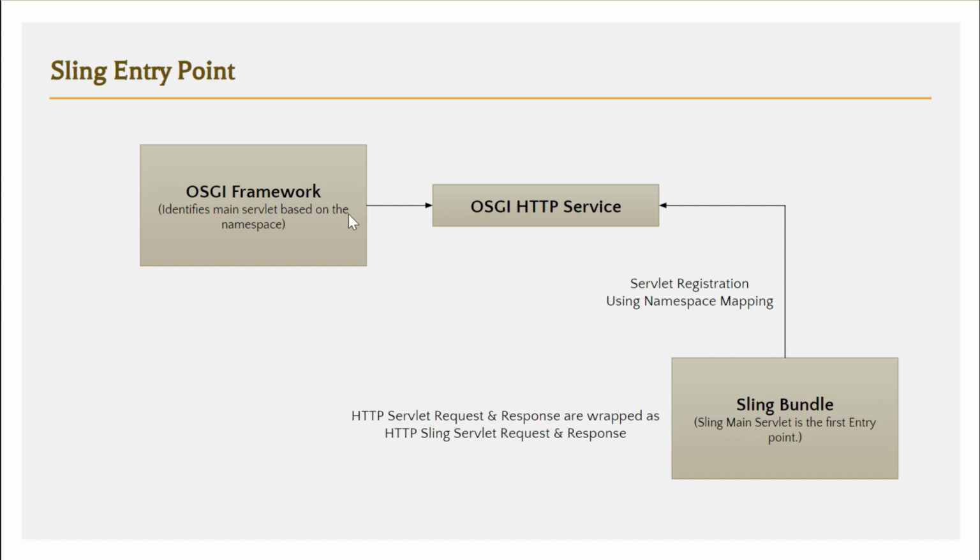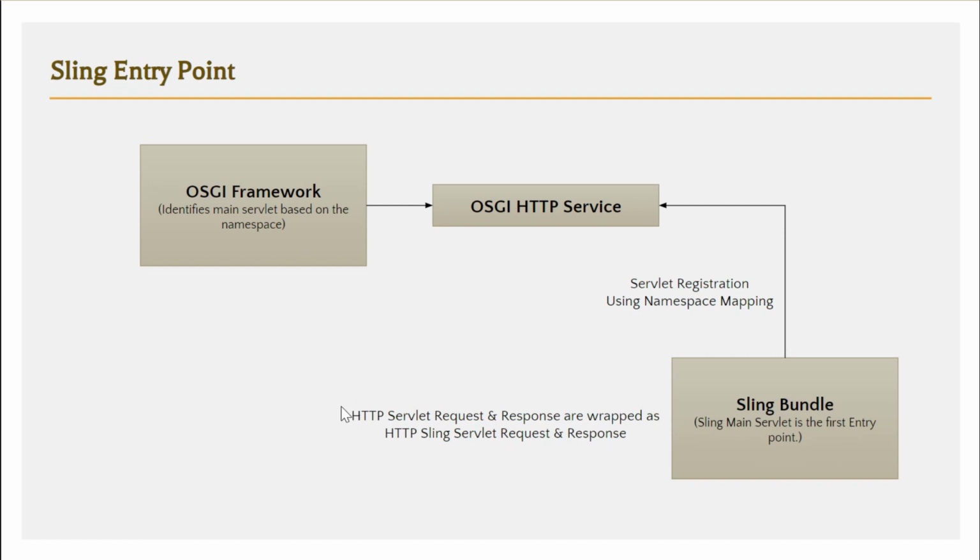This OSGI framework also creates the HTTP servlet request and response. These are the two objects it will create. The HTTP servlet request will have all the form details, if any, or any of the request parameters we are getting from the client, which is the web browser.